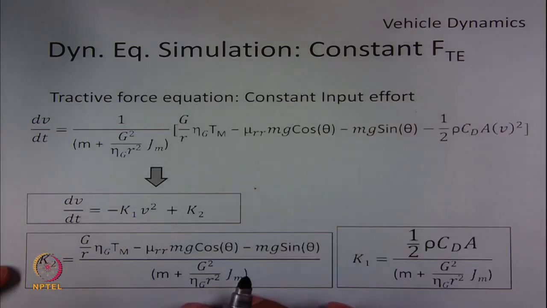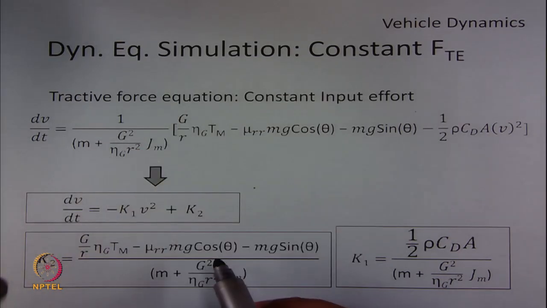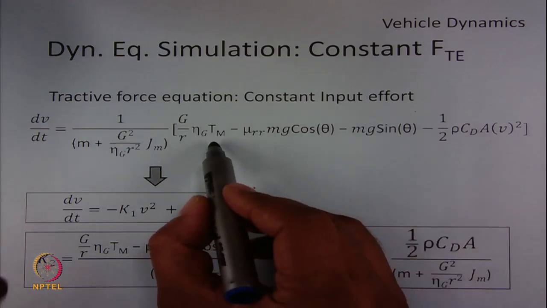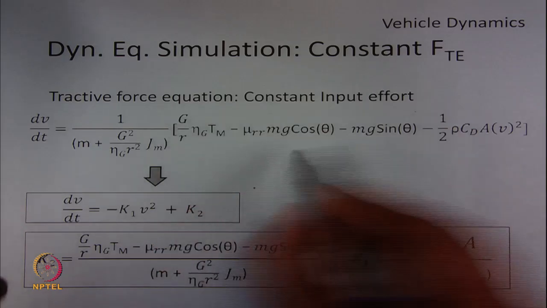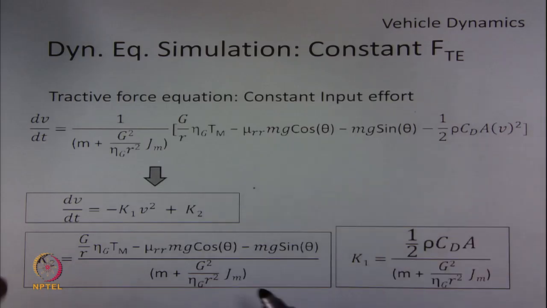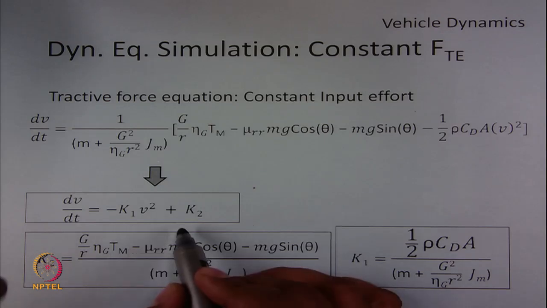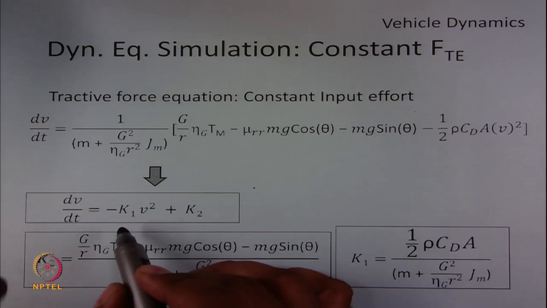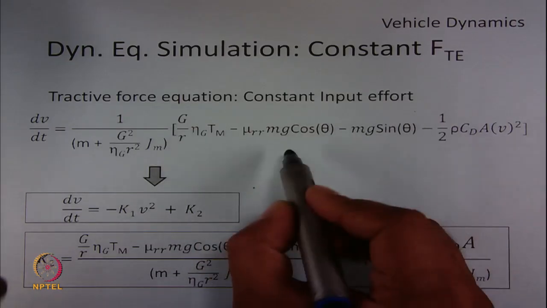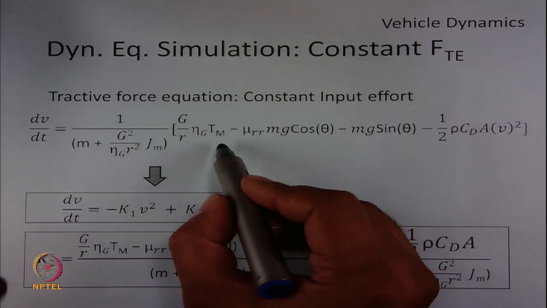So in this case, we have seen the equation of dV by dt in terms of the motor torque and different resistive forces. So we have rewritten the equation in terms of constant K1 and K2. So K1 is constant because these terms are constant, and K2 is constant because all these terms are constant in addition to the motoring torque.